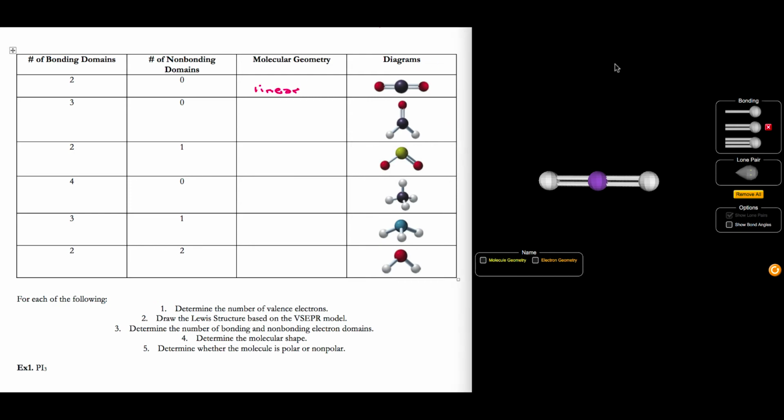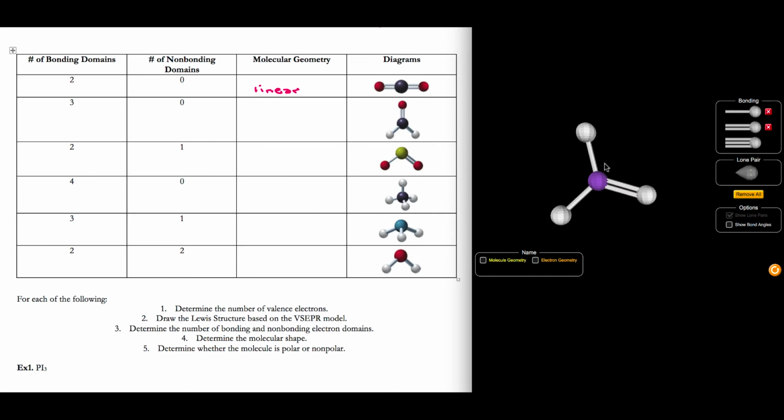Okay, let's look at the next shape. If I have 3 bonding domains, meaning I have 3 atoms coming off of my central atom and no lone pairs of electrons, no non-bonding domains, what it would look like is this.